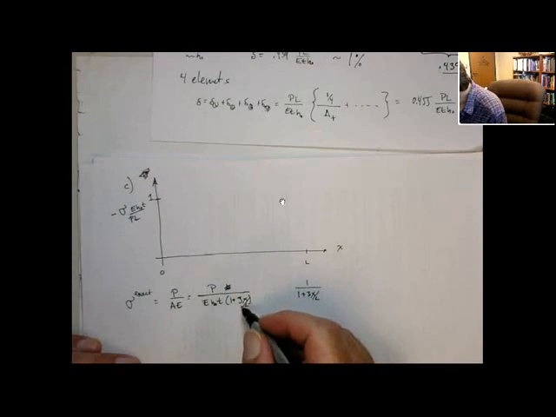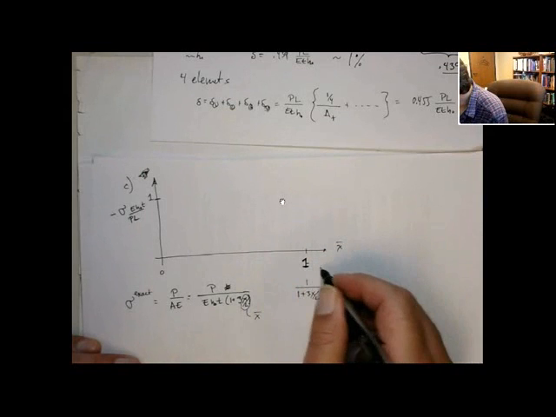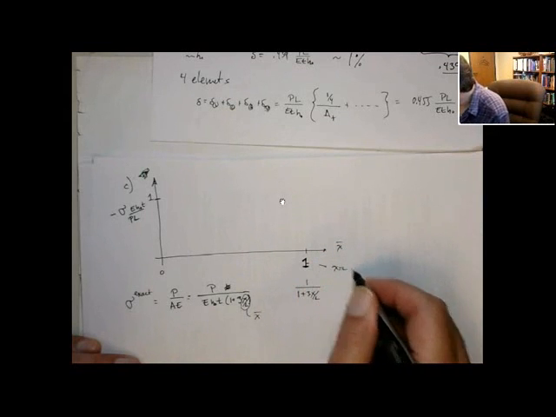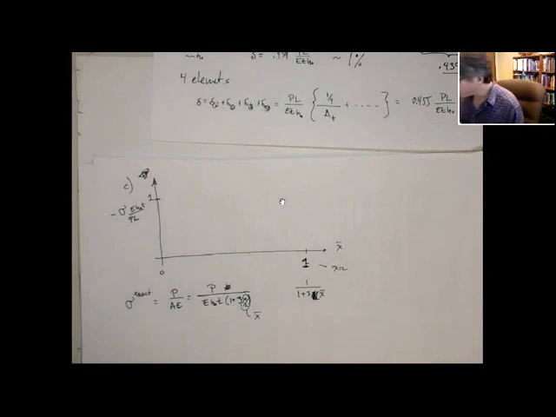So we can actually consider this, we'll put an over bar on it. It's a normalized dimension, okay? So it goes from 0 to 1. At 1, this corresponds to x equal to L, right? And so we're actually plotting 1 over 1 plus 3x bar, okay?